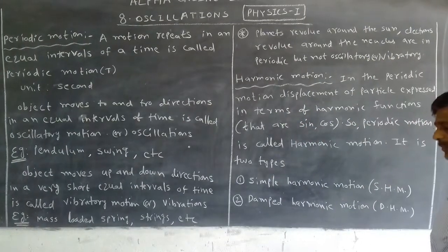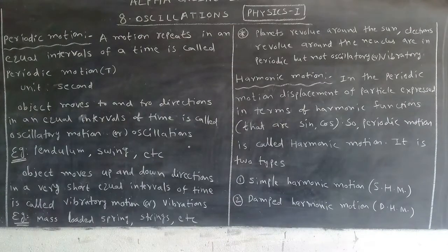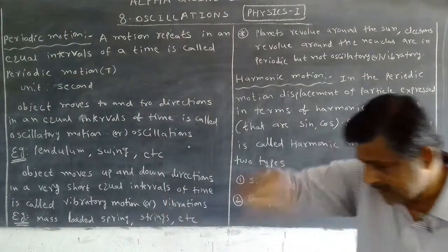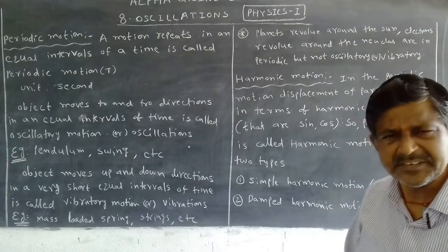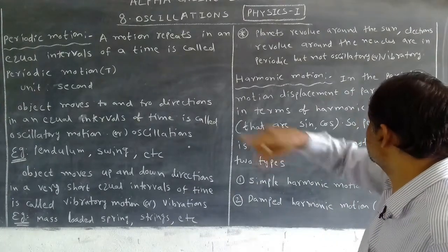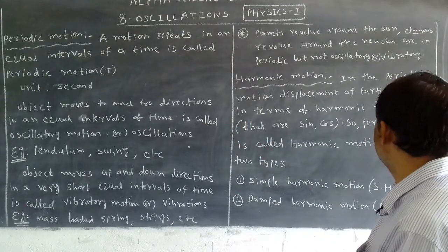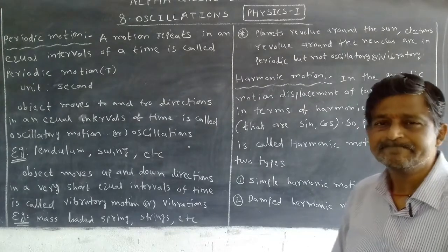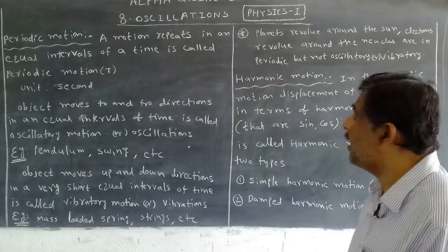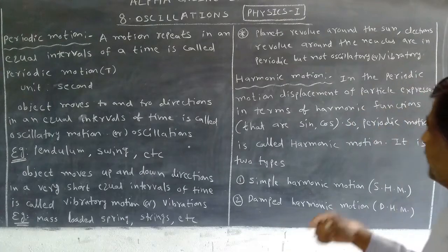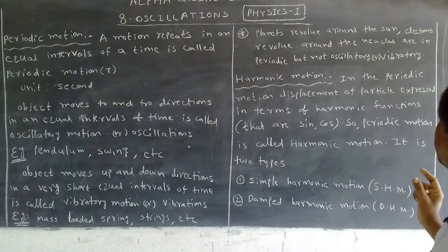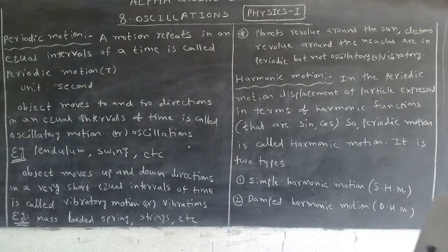Okay, planets revolve around the sun. Our planet earth revolves around the sun, and it repeats. Next, electrons revolve around the nucleus. They are in periodic motion but not oscillatory or vibratory. Okay, and this is one of the important questions for 2 marks.